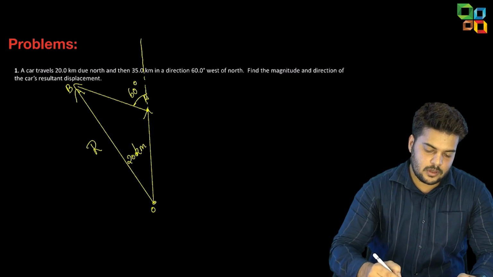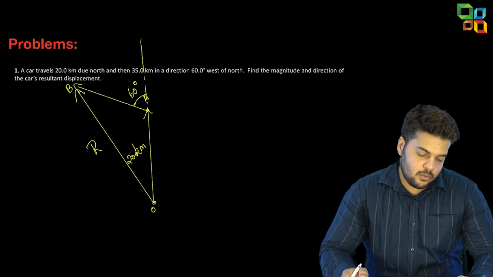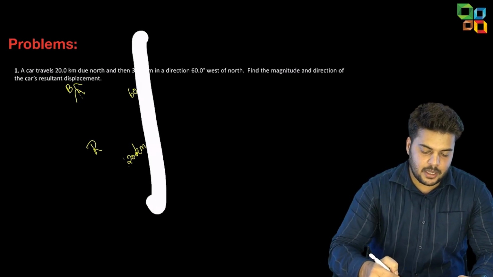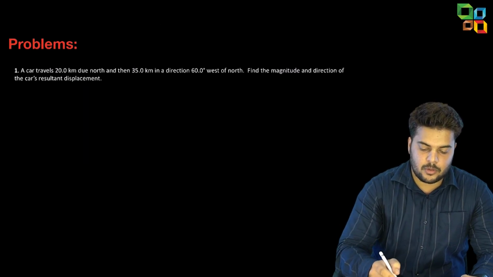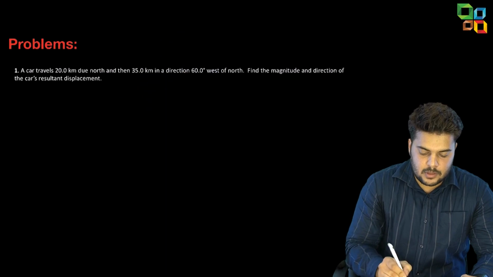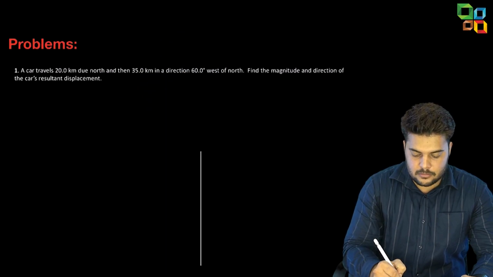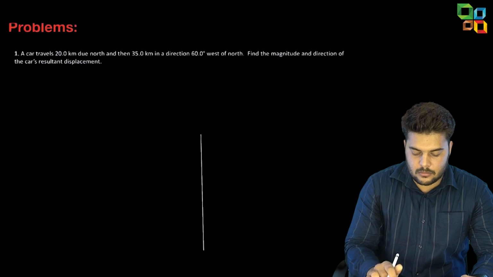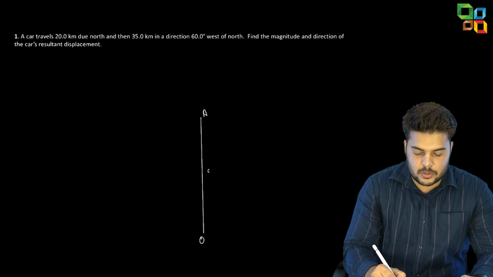One second. We could draw an altitude from A to OB. Let me write a proper diagram for you. I'm drawing the same diagram by the way. So we went from O to A. This was 20 kilometers.